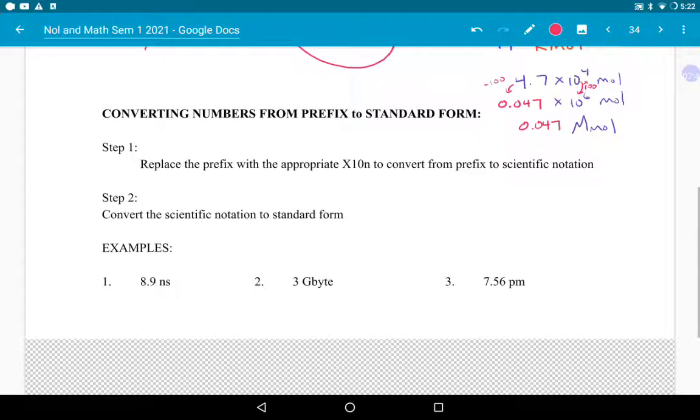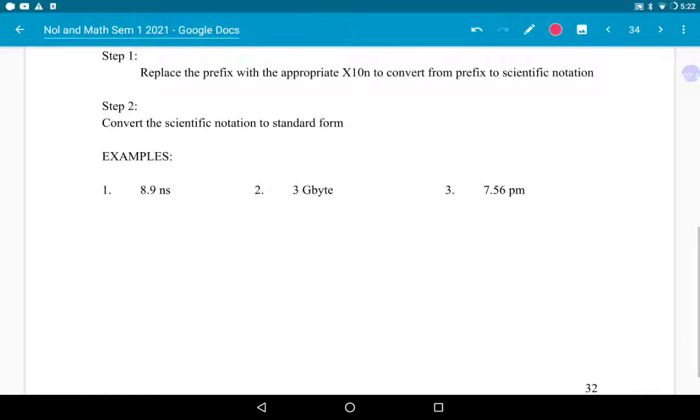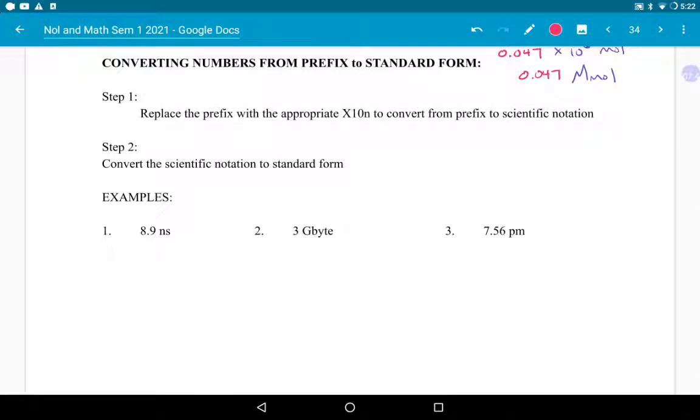Alright, going from prefix to standard, we're just doing the exact opposite. Replace the prefix with the power, and then we go from that to standard notation, from scientific to standard. So 8.9 nanoseconds. Nano is, we can look on that chart, times 10 to the negative 9 seconds.